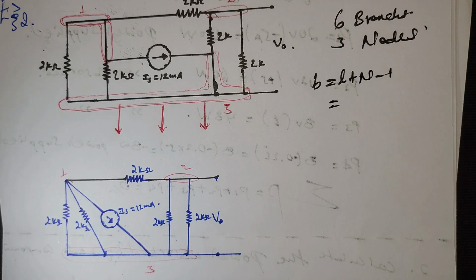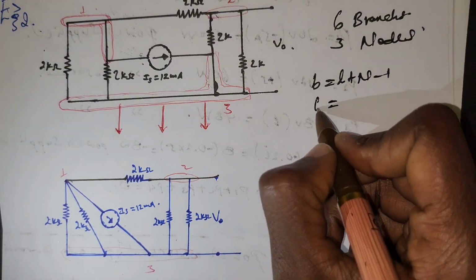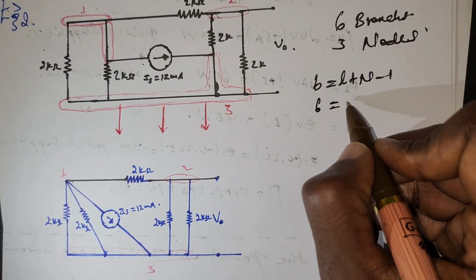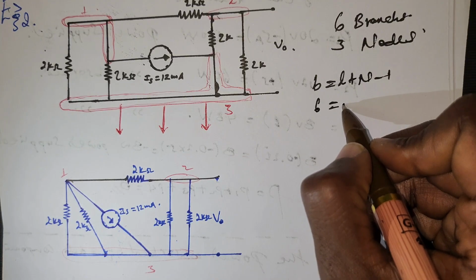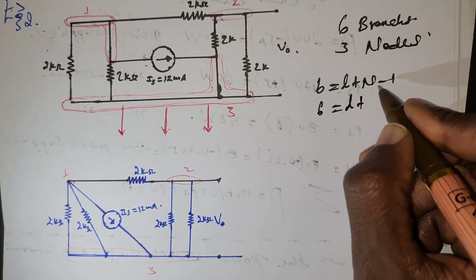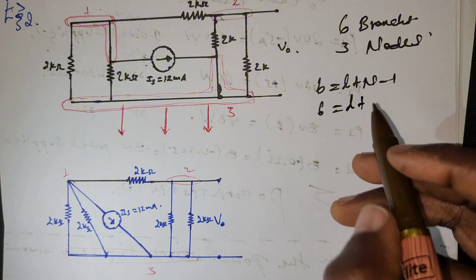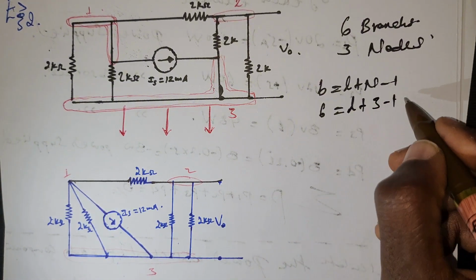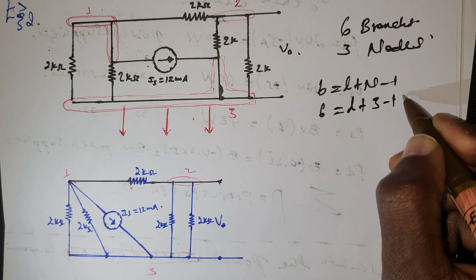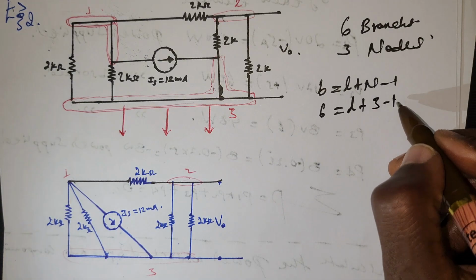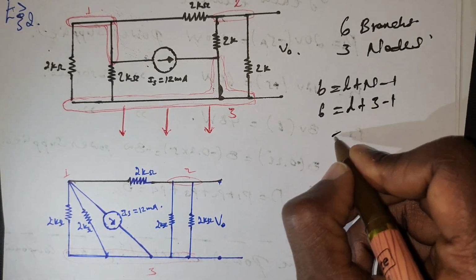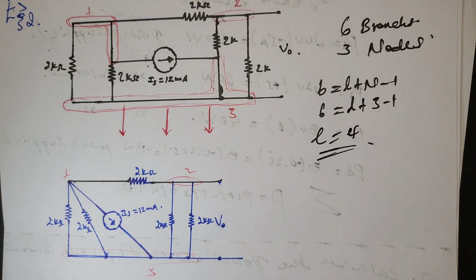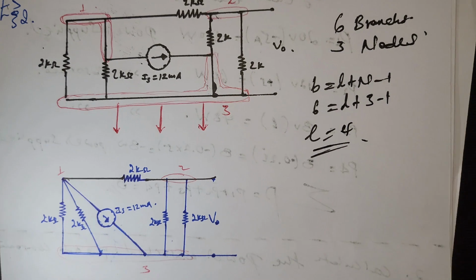The number of branches, as we counted, is 6, the number of loops is what we are searching for, and the number of nodes is 3, minus 1, is 2. Subtracting 2 from both sides, the number of loops will be 4. So we got 4 independent loops.